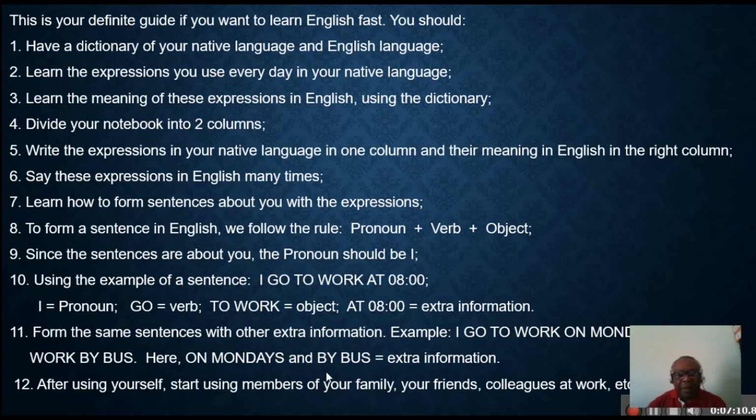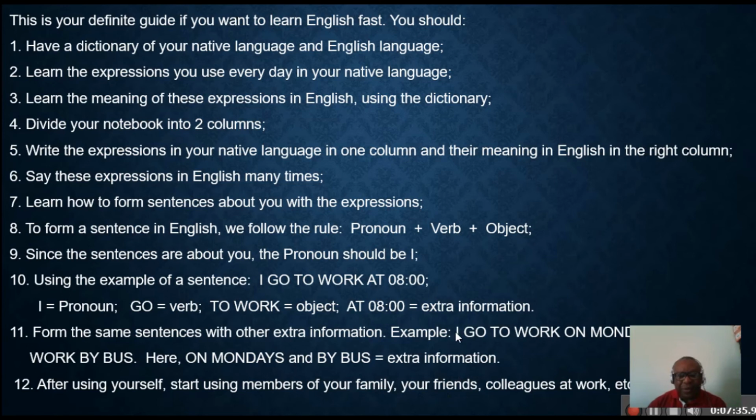Why? Because if it's your brother, the pronoun will change to he goes to work. If it is she, goes to work, the same thing.